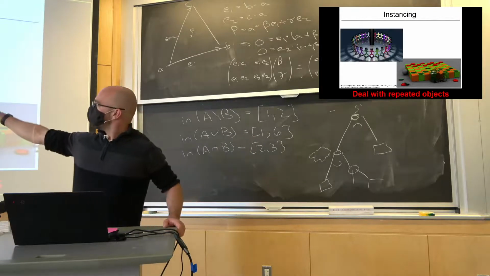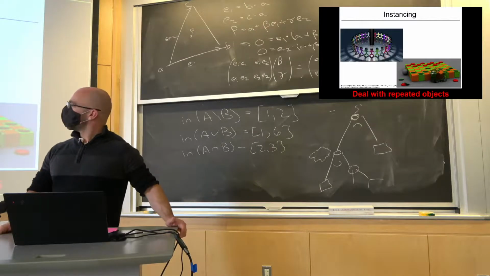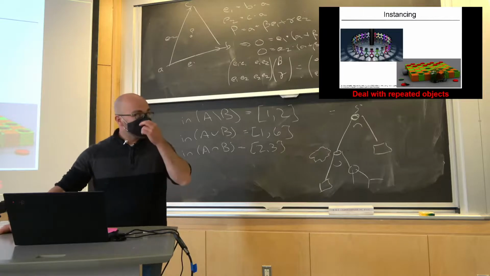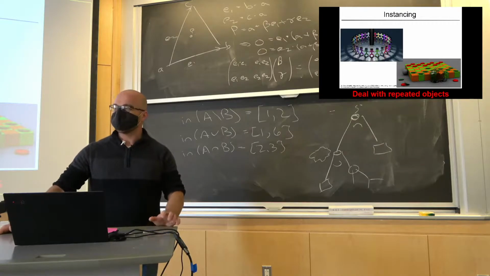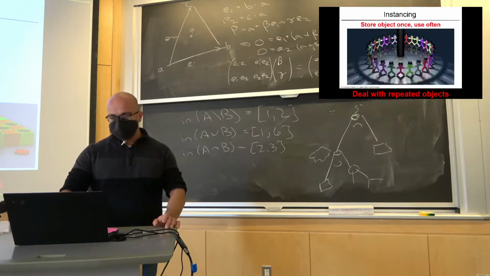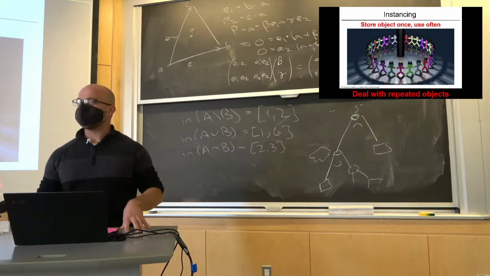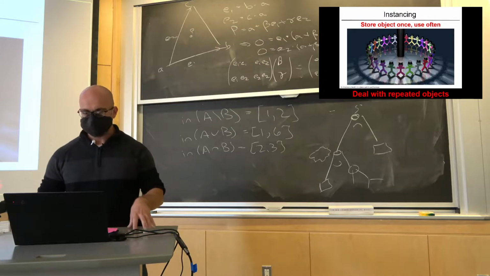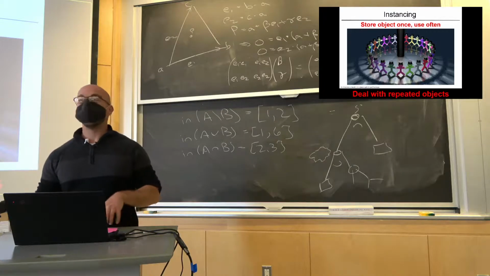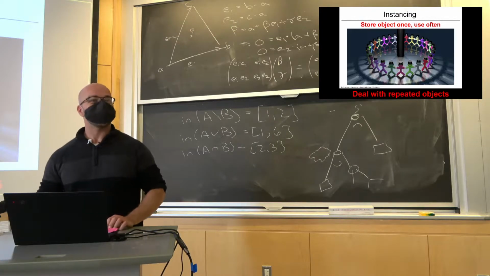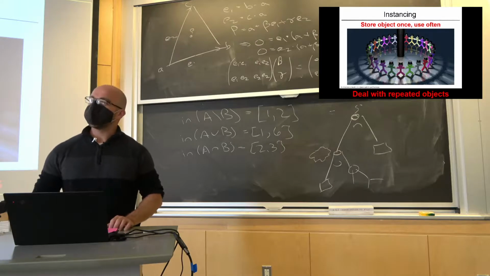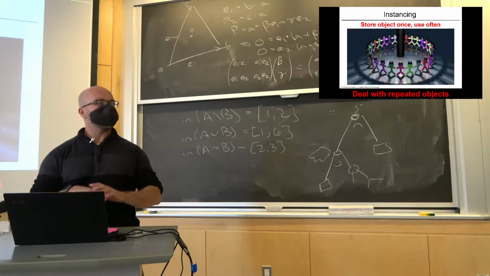Similarly, if I have a bunch of stick figures doing some weird ritual, I probably only want to store one of them at a time. The phrase instancing is really just storing an object once and then using it many times. We've already talked about that. We mentioned the scene graph data structure, remember that one? It's essentially some way of coping with this instancing idea.